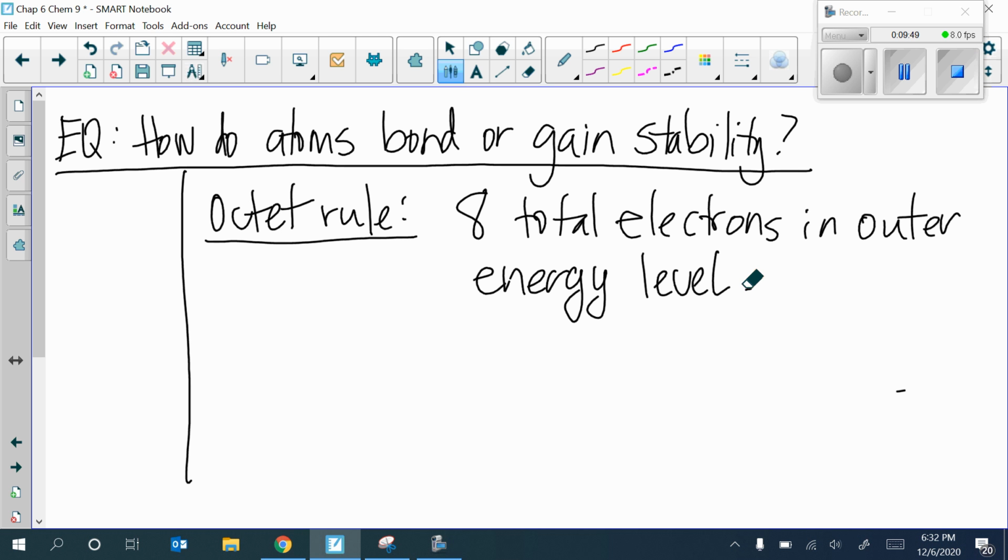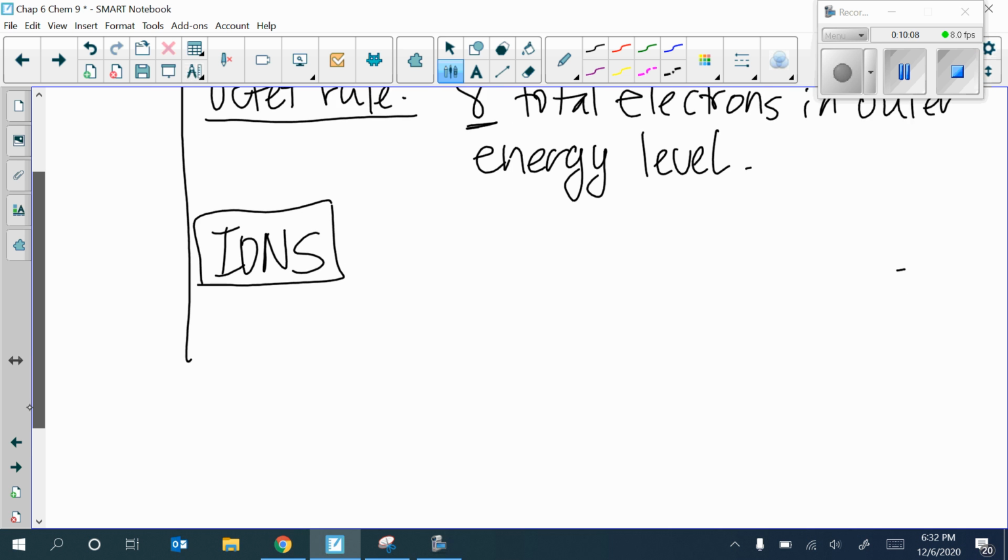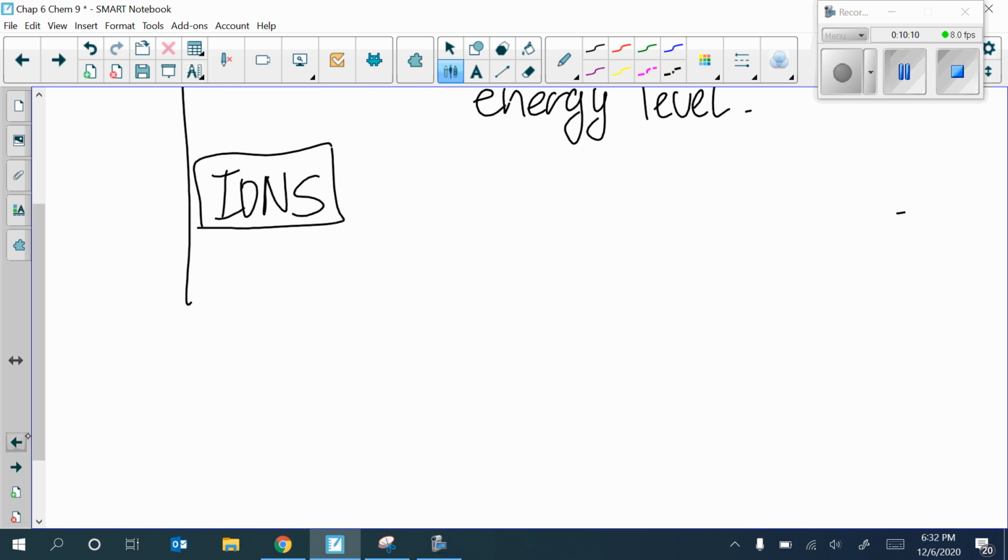Okay, so how they become stable is by gaining or losing electrons, and they want to gain the 8 total electrons. So how they do that is they are going to become ions. You've probably heard me say that term a lot in class, that an ion is something that gains or loses an electron.